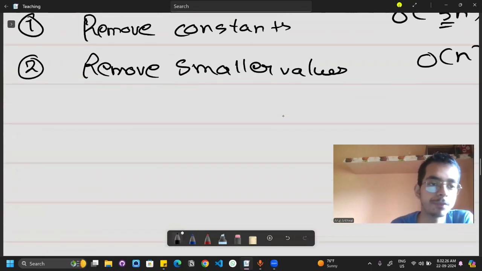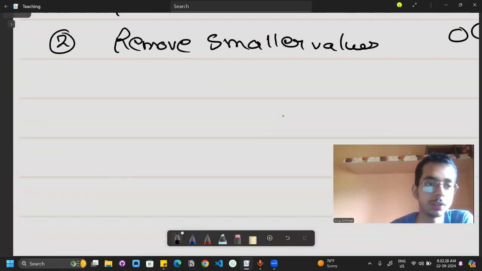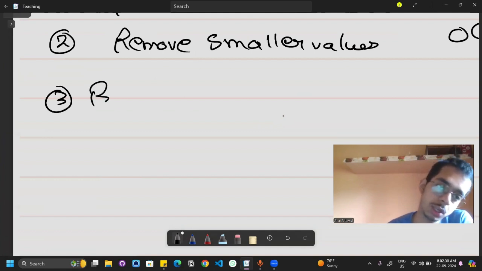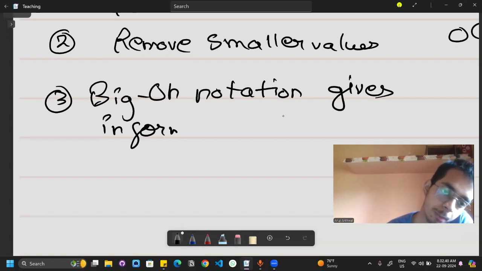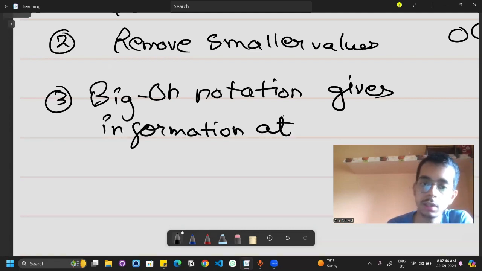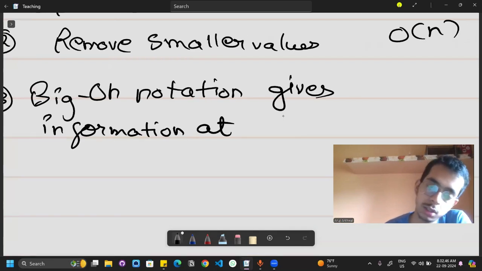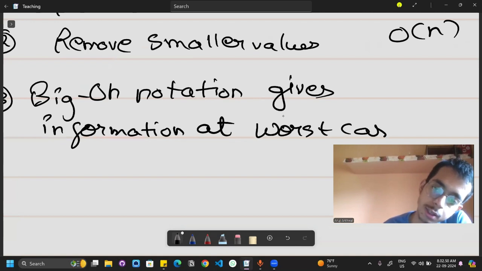Also, the third one is that Big O notation gives information about the worst case.